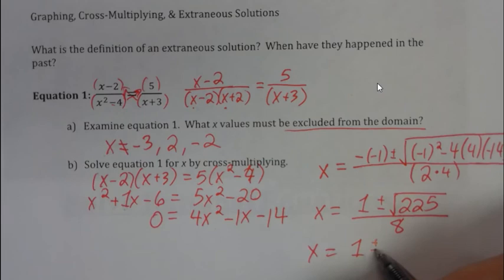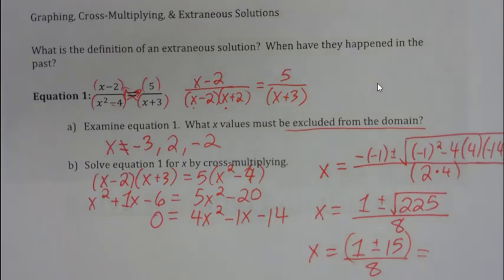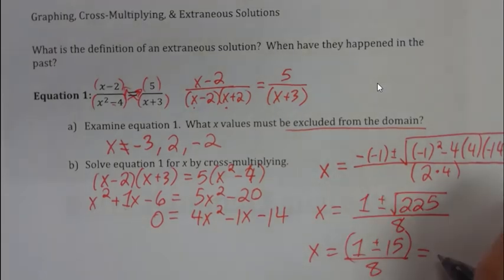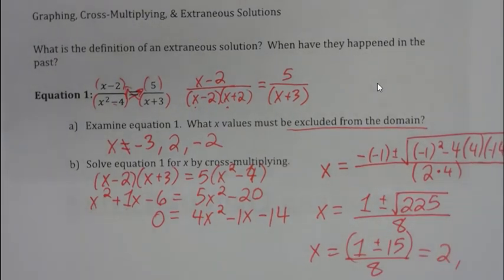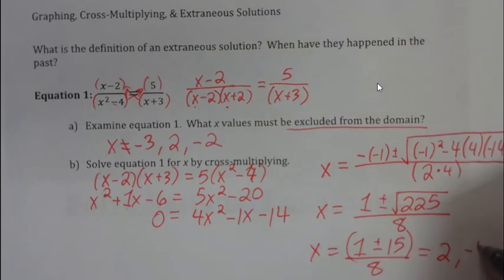So we have 1 plus or minus 15 over 8. The two answers at the end are 1 plus 15, which is 16, divided by 8 is 2. And our other answer would be 1 minus 15 over 8, and that would be -1.75.